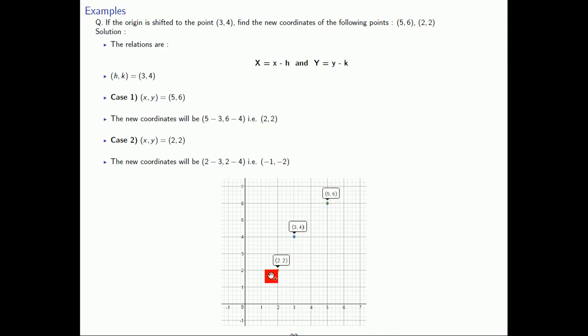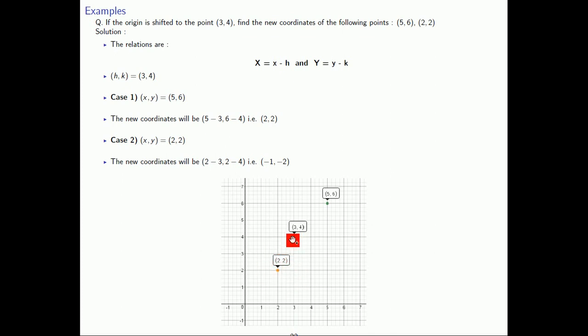Now consider the orange dot, which is (2, 2). Now if this is the origin, then this will be the negative x axis, this will be the negative y axis, so this will be the third quadrant.